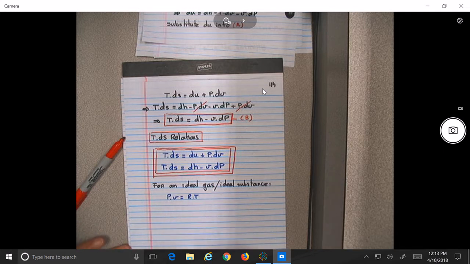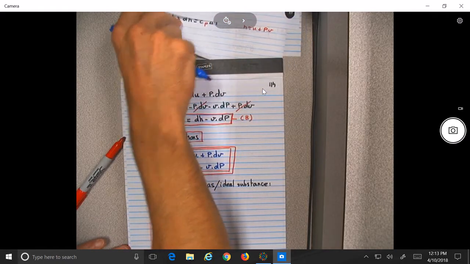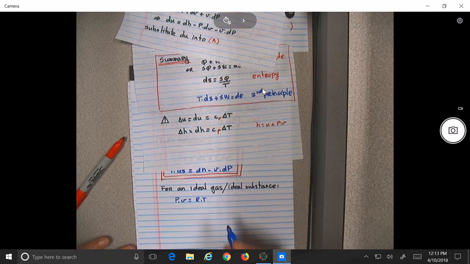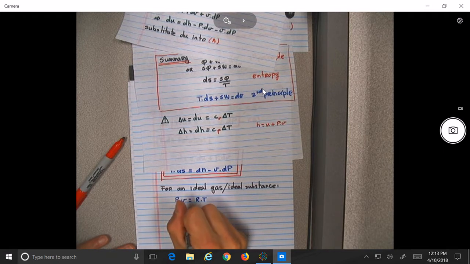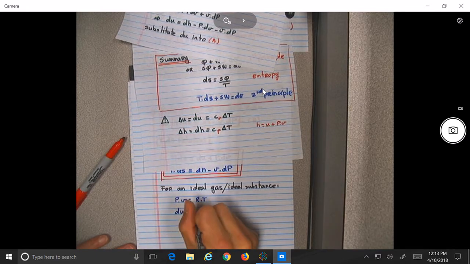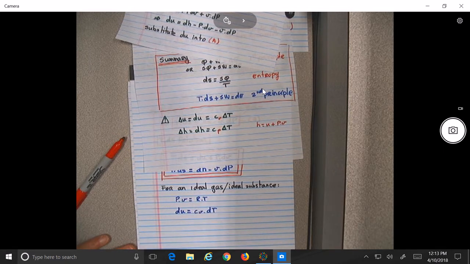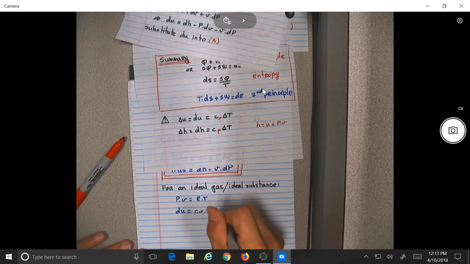But the other thing is that if it doesn't change states, I think I wrote down this equation here. You could say that dU would be proportional to CV dT. Why? Because CV is a property. So if it doesn't change state, it can be pretty constant. What happens if it was changing states?